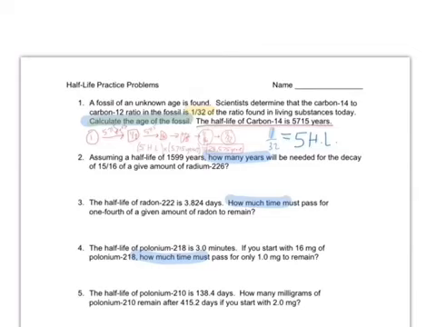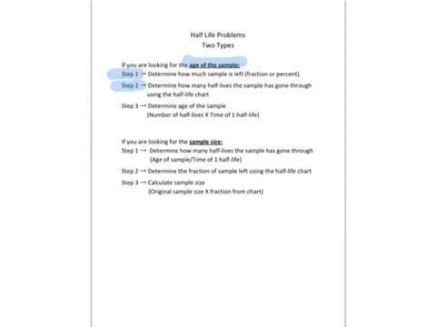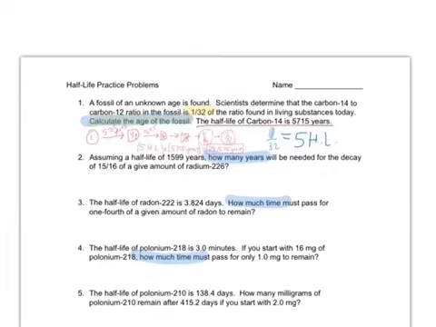And if I look back to my cheat sheet, my last step is going to be to determine the age of the sample. And I have this nice, nifty little equation here. I take the number of half-lives times the time of one half-life. So my 5 half-lives are there.